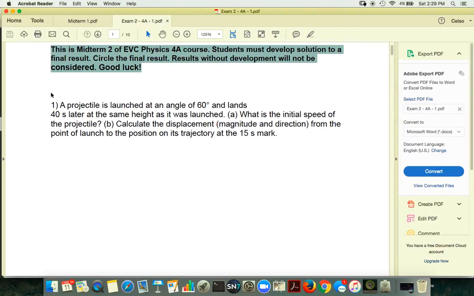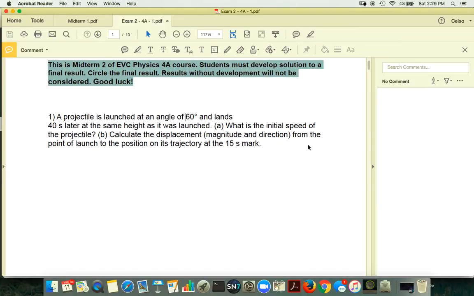So problem number one is a projectile motion launched with an angle, and 40 seconds later it hits the same height as it was launched.